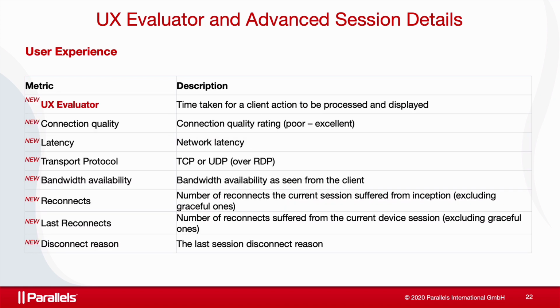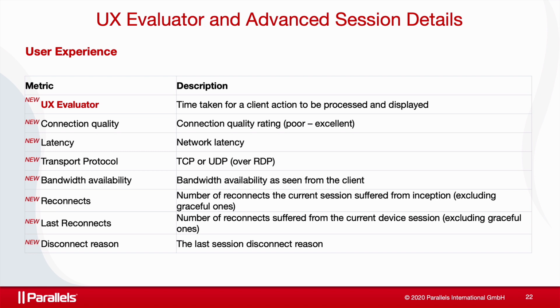Within user experience, now we have the time taken for a client action to be processed and displayed, connection quality, latency, protocol, and this is great for implementations to make sure customers have TCP or UDP or even TCP and UDP over the RDP protocol, which is great information to make sure best practices are in place.